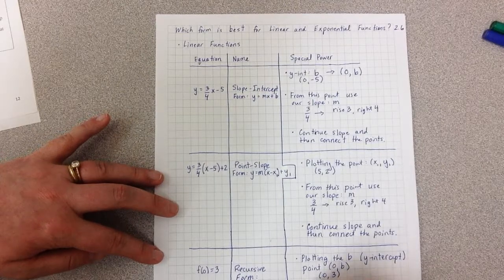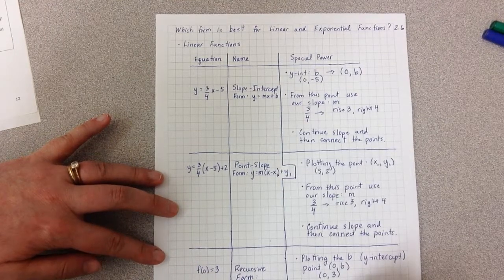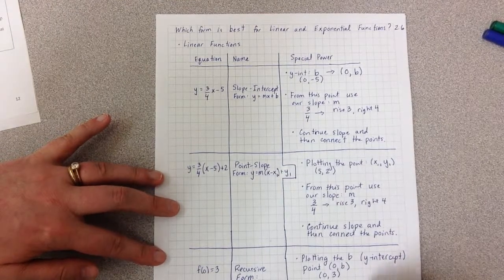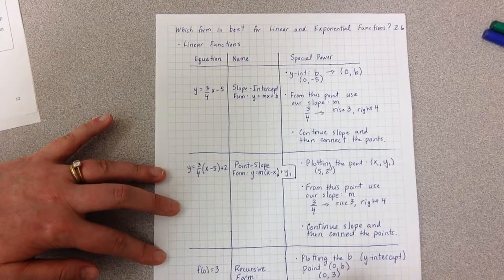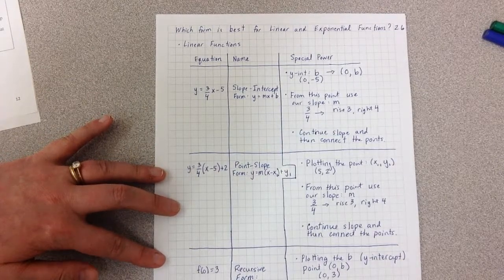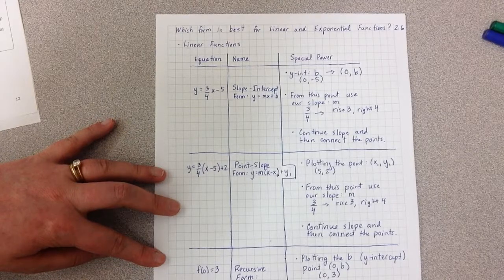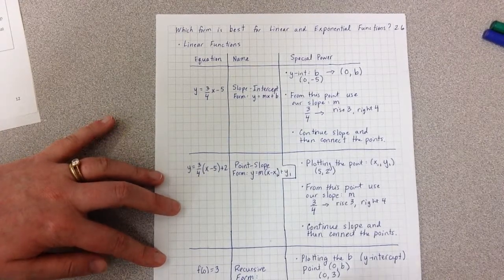We then, from this point, use our slope, which is the letter m. And our slope in the recursive form appears as what we're adding or subtracting each time. So our slope here is minus 5.